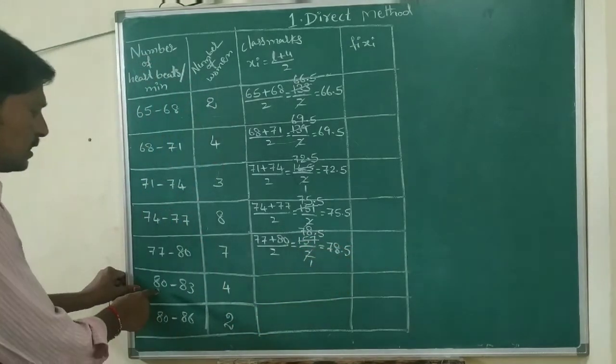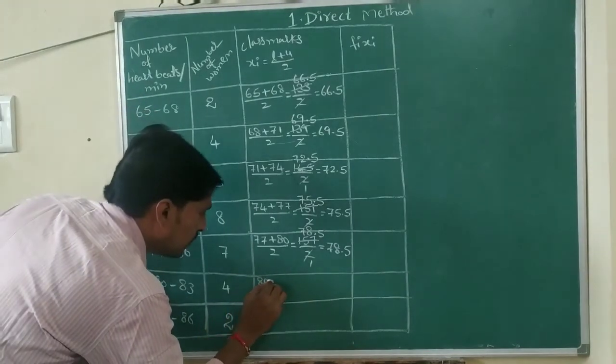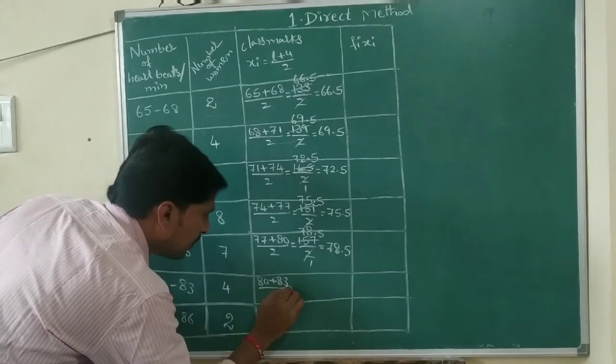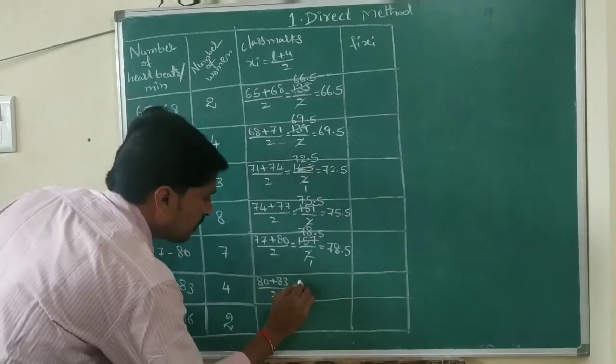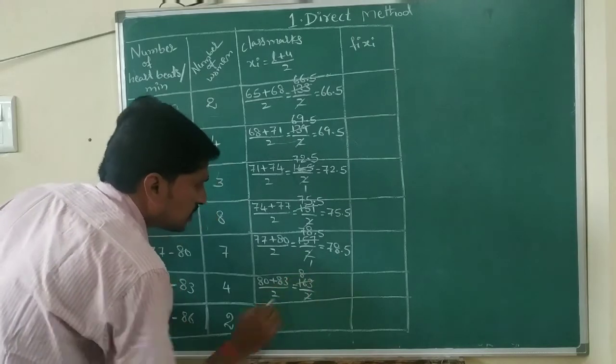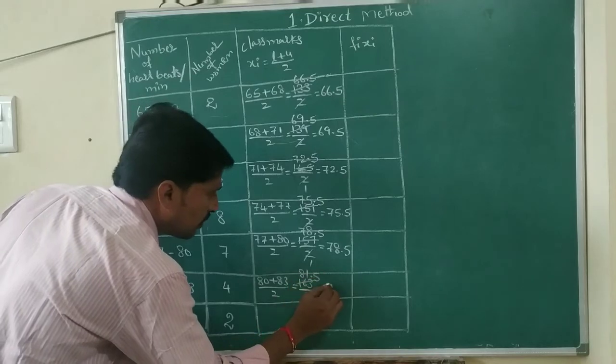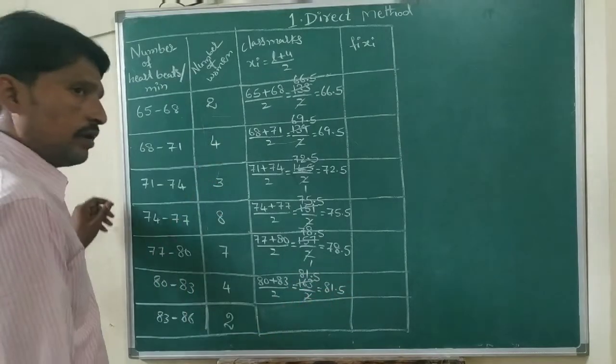Next, 80 to 83 class interval: lower limit 80 plus upper limit 83. 80 plus 83 is 163 by 2, which is 81.5.